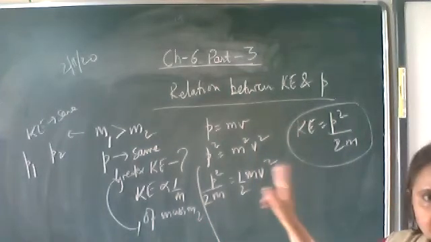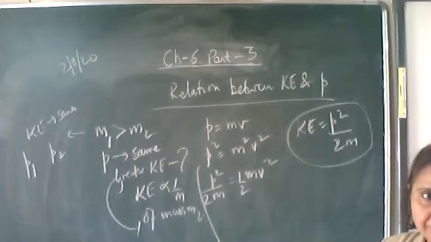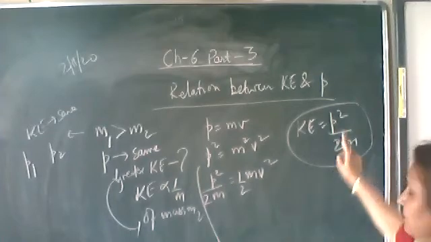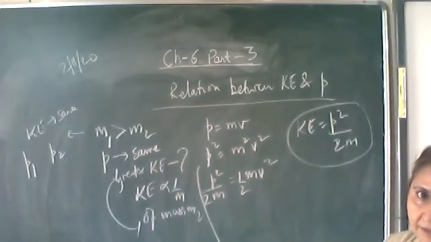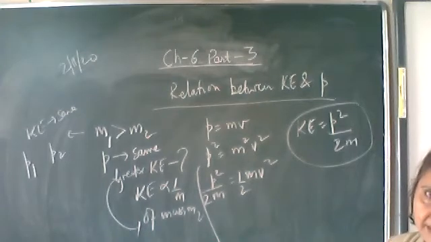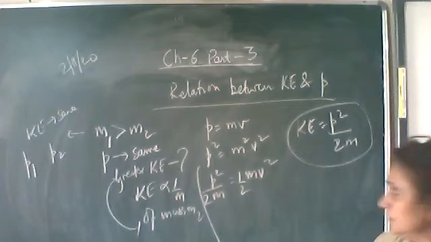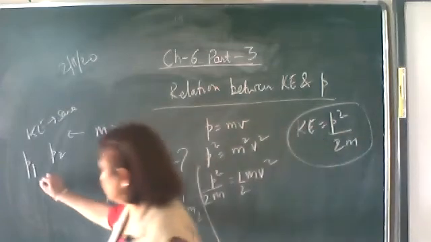Two bodies having different masses, m1 greater than m2, have same kinetic energy. Which body has got greater linear momentum? That is, P1 is greater or less than P2.